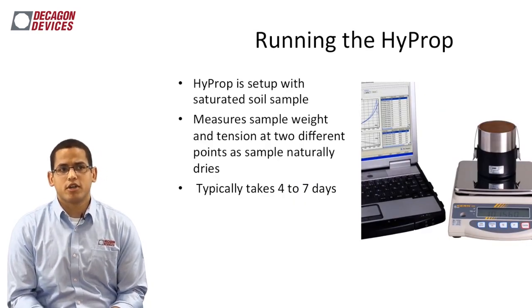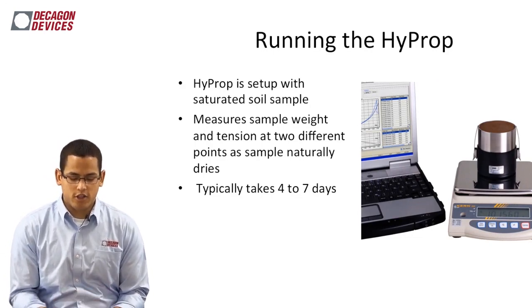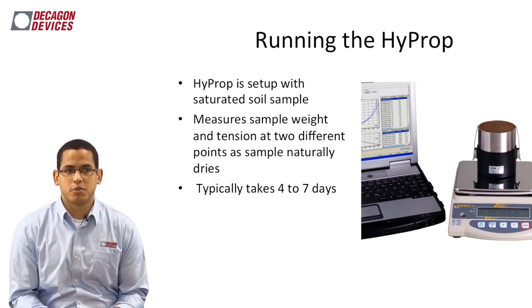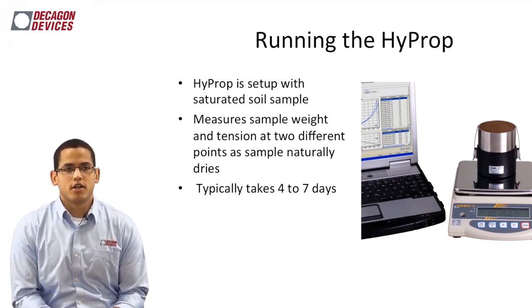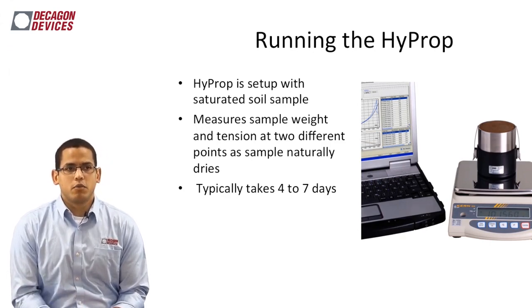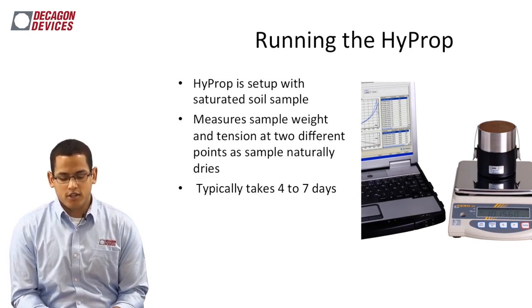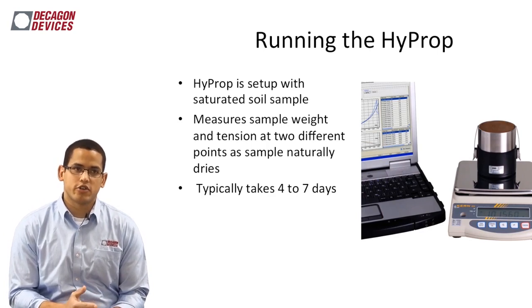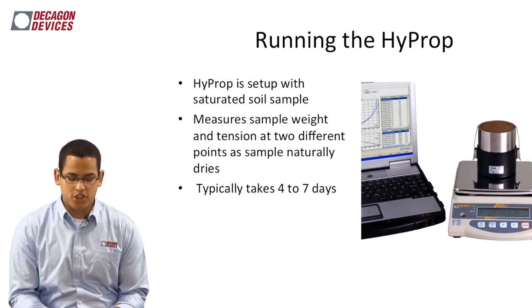When running the HYPROP, it is set up with a saturated soil sample. Before putting the sample in the HYPROP, we'll fill the tensiometers, and I'll talk a little bit about the filling process of a tensiometer. Then we'll take a saturated sample and auger out 2 small holes for the tensiometers and put the sample on the HYPROP. We will then set the HYPROP up on a scale and connect it to a computer, and we're logging over time the change in water potential at the 2 different points within the sample and the change in weight as the sample dries down.